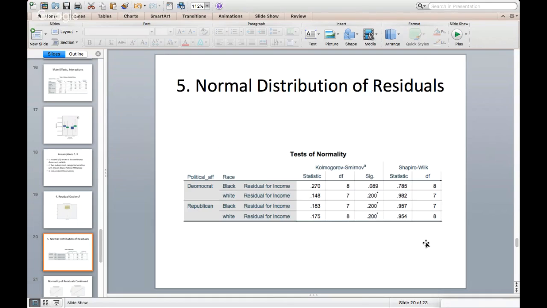And then for normal distribution of residuals, it gave me the Shapiro-Wilk statistic, and the way that's set up, the null hypothesis is that the values are normally distributed. So we failed to reject the null hypothesis. Basically what we're saying is these values are normal. There's no reason for us to believe that they stray from being normal.